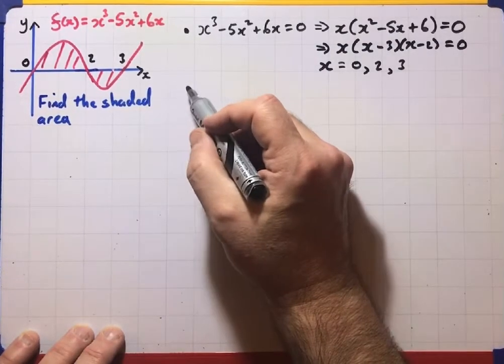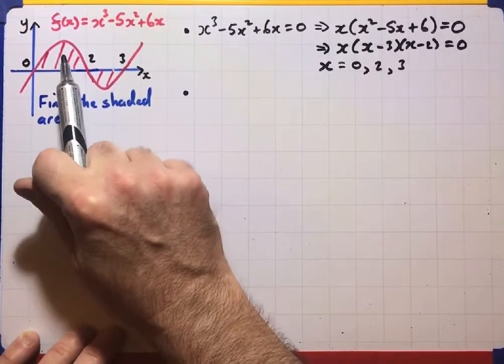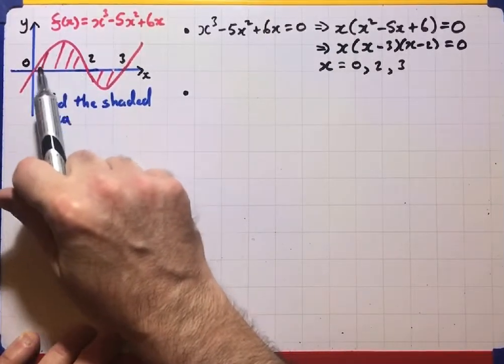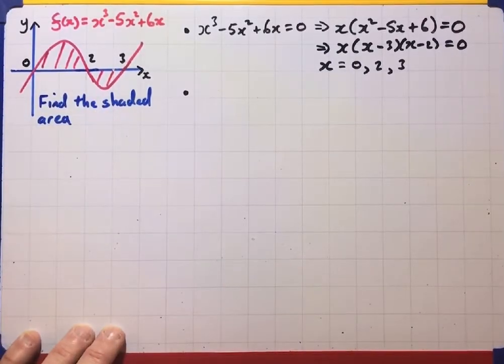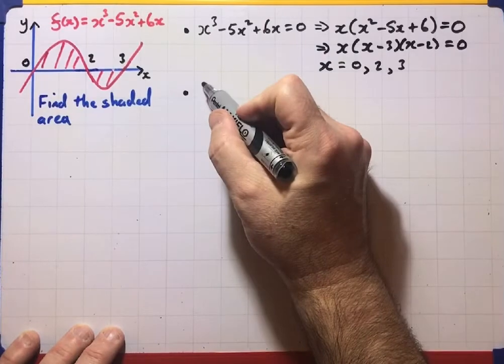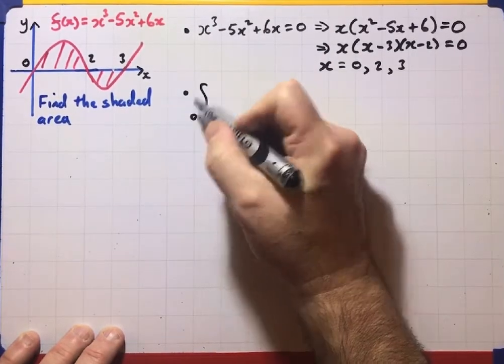Right, the next bit we're going to do is we know that what we have to do is integrate this bit, which is the bit above the x-axis, and from that, take away that bit integrated. So, looking at it, what that will give us is the integral between 0 and 2.